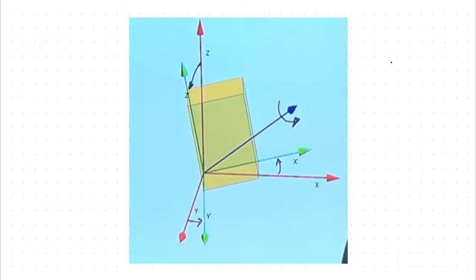Suppose this is a rigid body and this is a fixed point, and suppose the fixed point is the origin. If the origin is fixed, then obviously we cannot do translational motion. Translational motion means the motion along the x-axis, y-axis or z-axis. These are the translational motions.